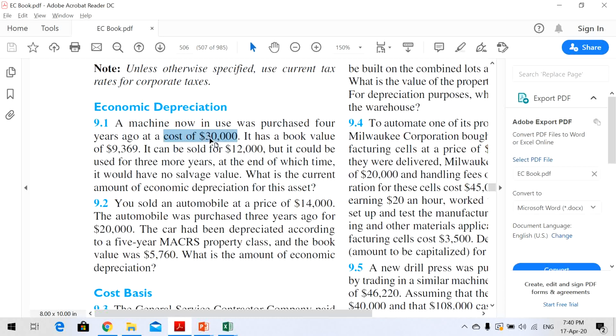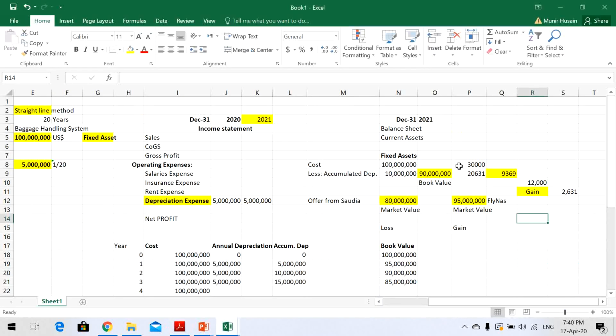The wording could be different. This was the purchase price because we purchased at this cost of 30,000. And what is the market value? Is it this one or this one? We know it already. The 12,000 is the market value, and this one was the book value in this question.